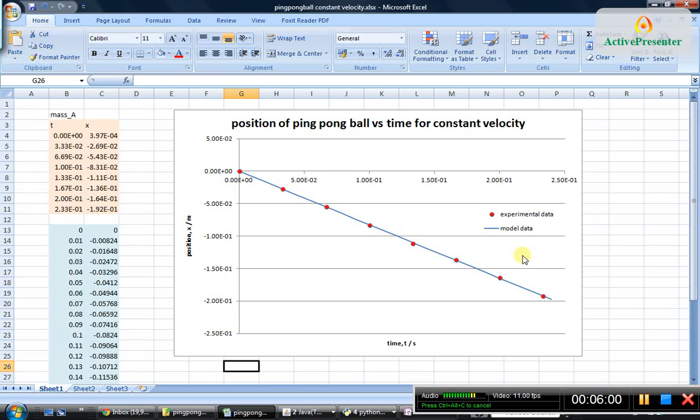I plotted both data sets in the same graph using a spreadsheet. The red dots are the experimental data and the blue line is the model data. As you can see, they are exactly overlapping and passing through the origin as expected.